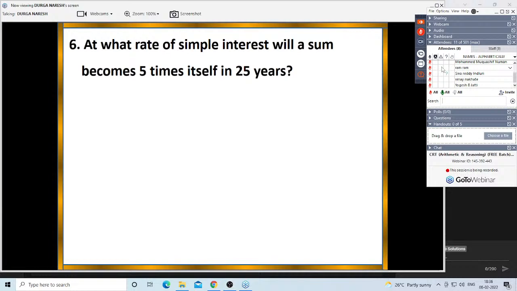Next one. At what rate of simple interest will a sum become 5 times itself in 25 years? Read the problem clearly, what exactly is given?